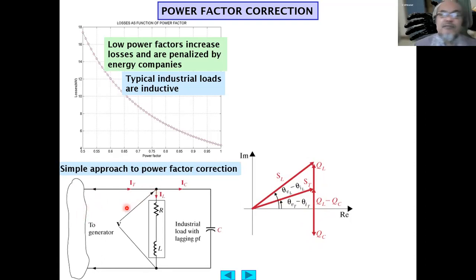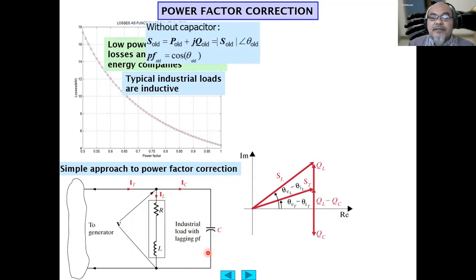A simple approach to correct the power factor is to put a capacitance in parallel with the load. A normal industrial load has a lagging power factor, because it is mostly an inductive load, where the current lags the voltage. To compensate for the power loss due to that lagging power factor, and make the power factor closer towards 1, we put a parallel capacitance.